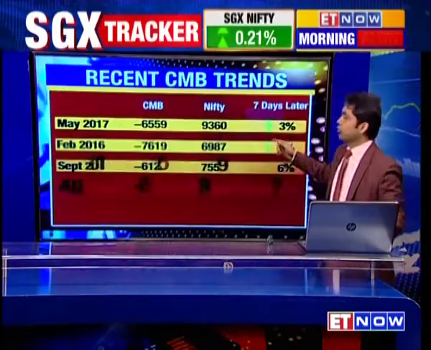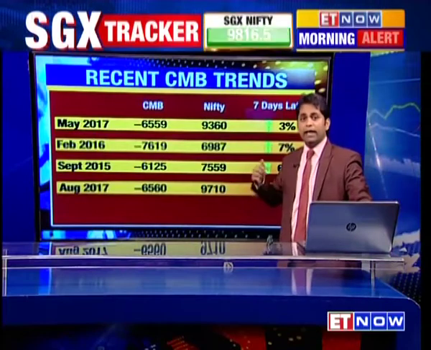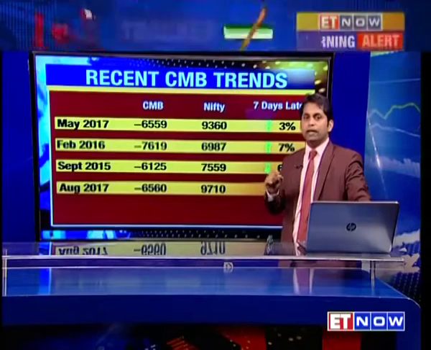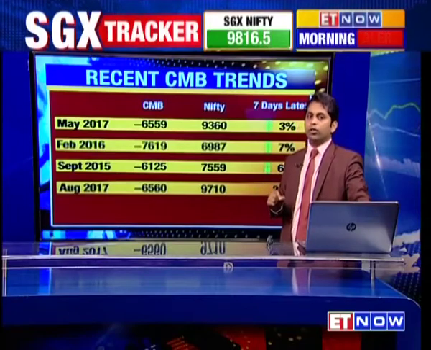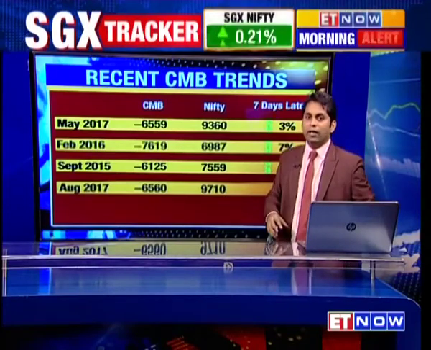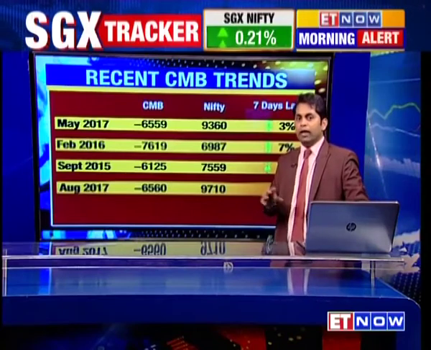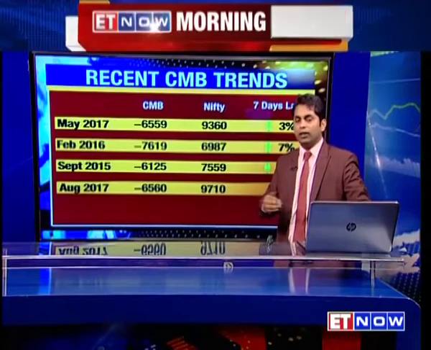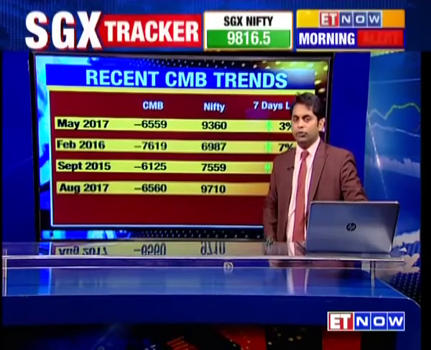The reason why I'm discussing it currently is because the current cumulative market breadth indicator is at negative 6,500 as of Friday's closing, and the Nifty's value on Friday's closing was 9,710 at spot level. So adding all of these points, I believe that over the next 7 trading sessions we should see a rally once again towards the 10,000 mark pretty soon.